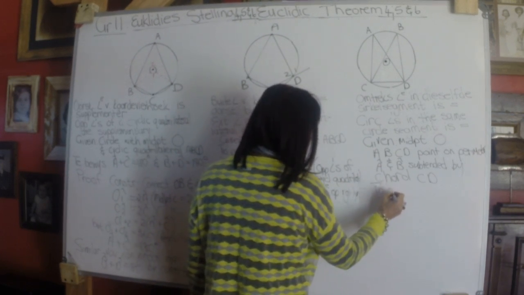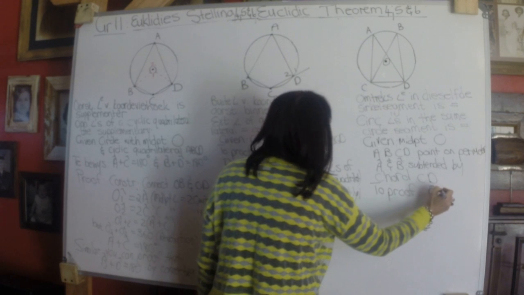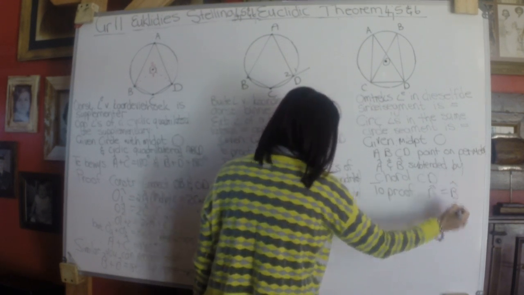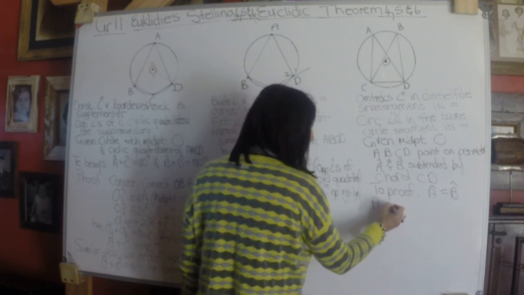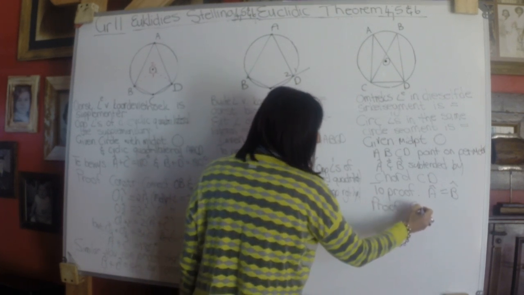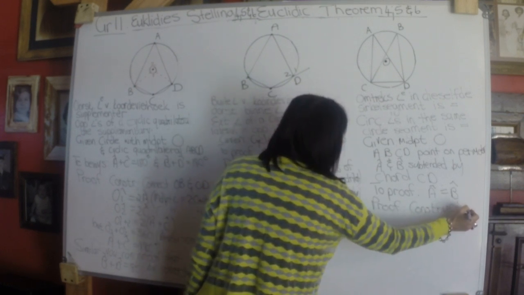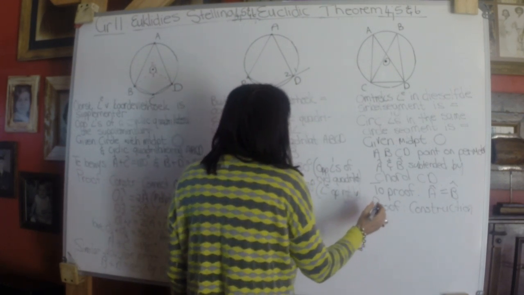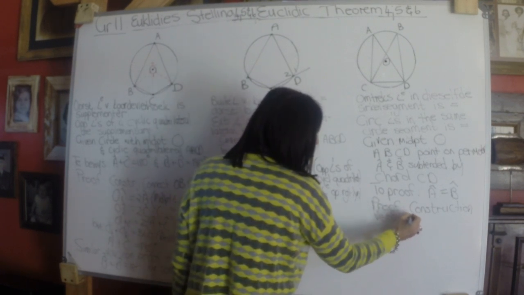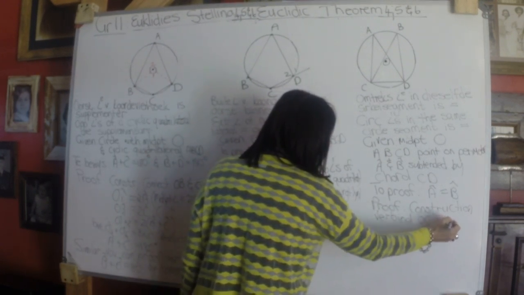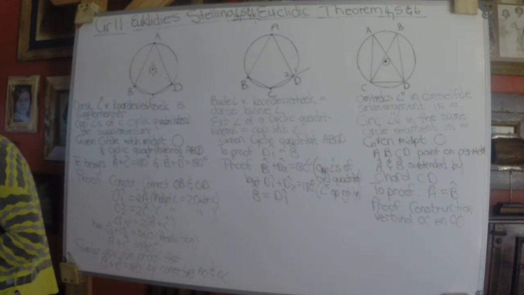To prove, we need to prove that angle A equals angle B. Okay, now we're going to prove it. In this case, we're going to make a construction again. Ons gaan OC en OD verbind.